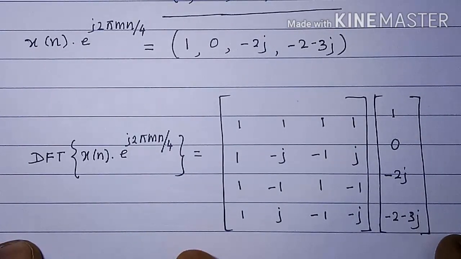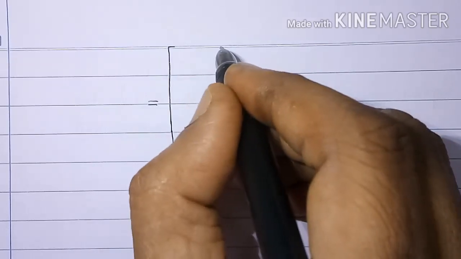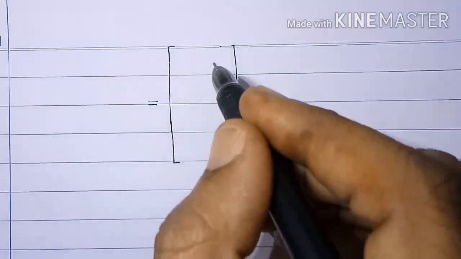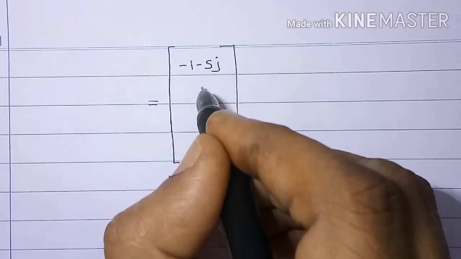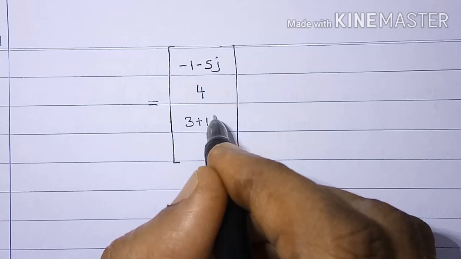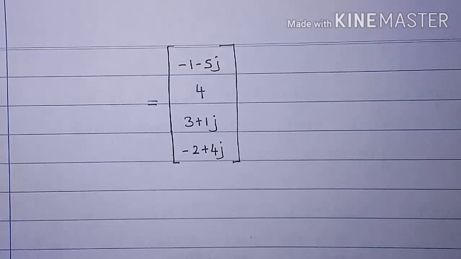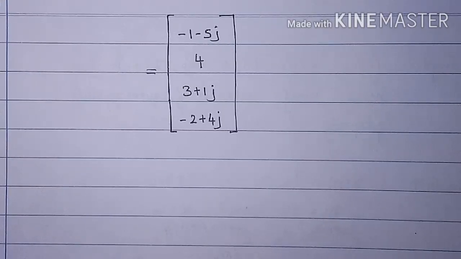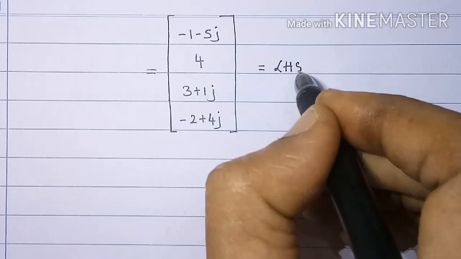Multiplying these two matrices, we get minus 1 minus 5j, 4, 3 plus 1j, minus 2 plus 4j. Now this is LHS for us.